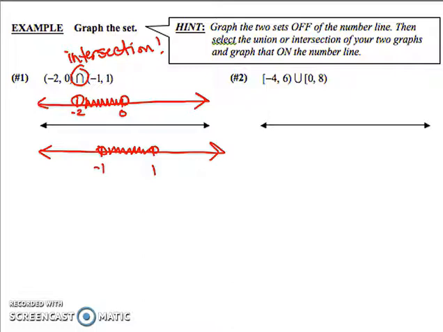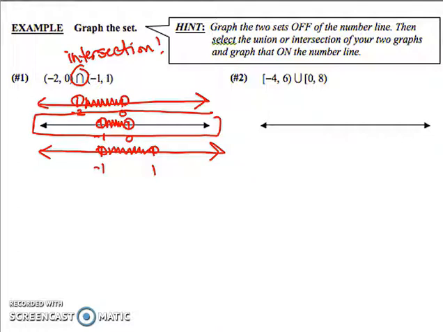But we can't include -1 because the bottom set doesn't include -1, and we can't include 0 because the top set doesn't include 0. So basically, we're going to have from -1 to 0 with open circles on both and shading in between. And this right here is the graph of the intersection of those two sets.